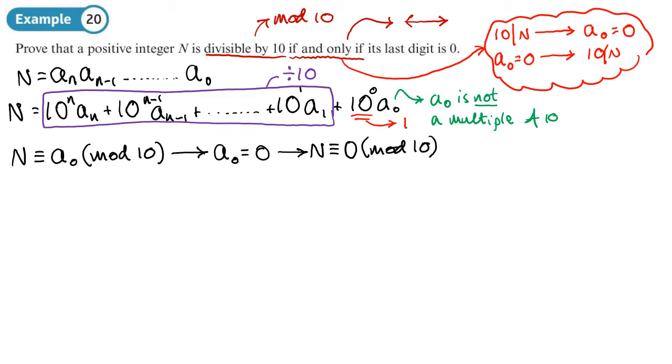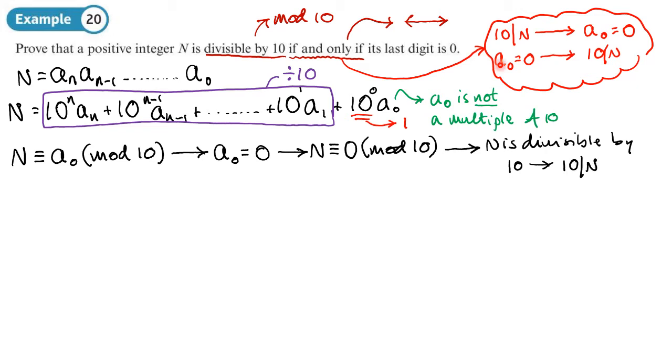And we know that if something is 0 under a certain mod, that means it can be divided by that number, divided by the modulus. So this means that n is divisible by 10, and we'd write that as 10 divides n.